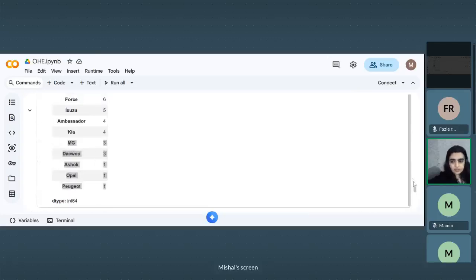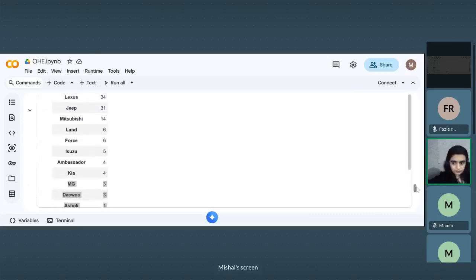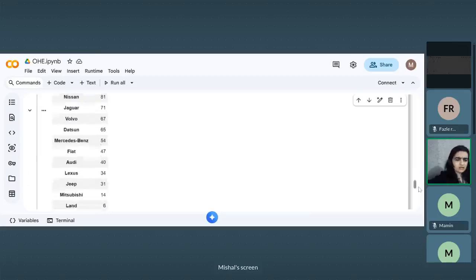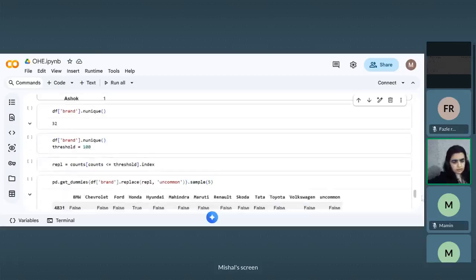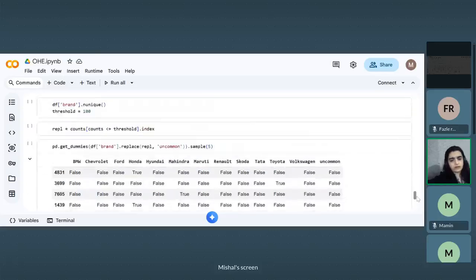So which ones will get dropped in that case? After this one, we will drop all the others. By the way, we can make it 10 also, 50 also, whatever it is. And now they are a lot fewer.